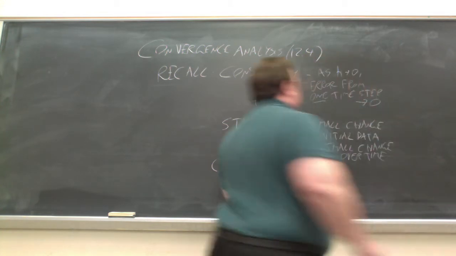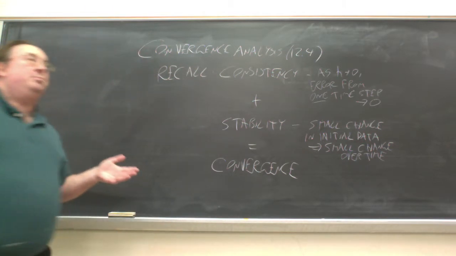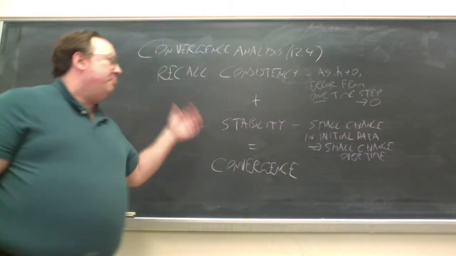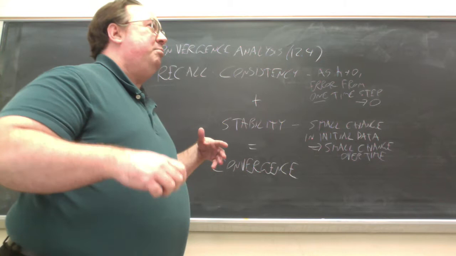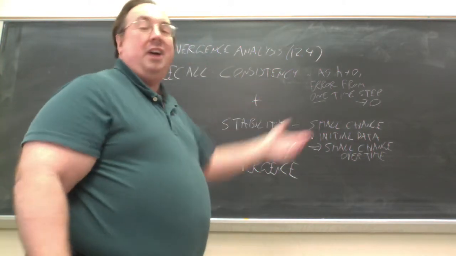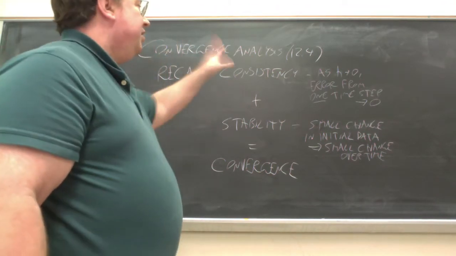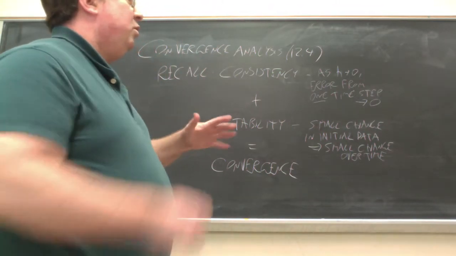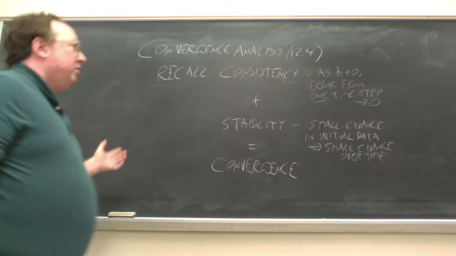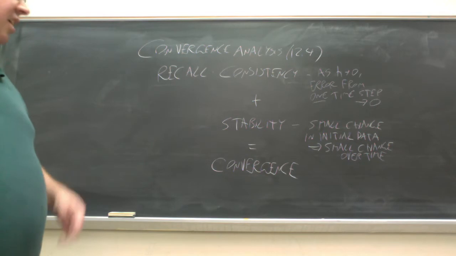That's important because whatever error is incurred during one time step, if a method is stable, that error is not going to suddenly be amplified to a large degree over subsequent time steps. So we really need the two of these together to make sure that the overall error incurred during the computation to go from initial time to final time does not get out of hand.